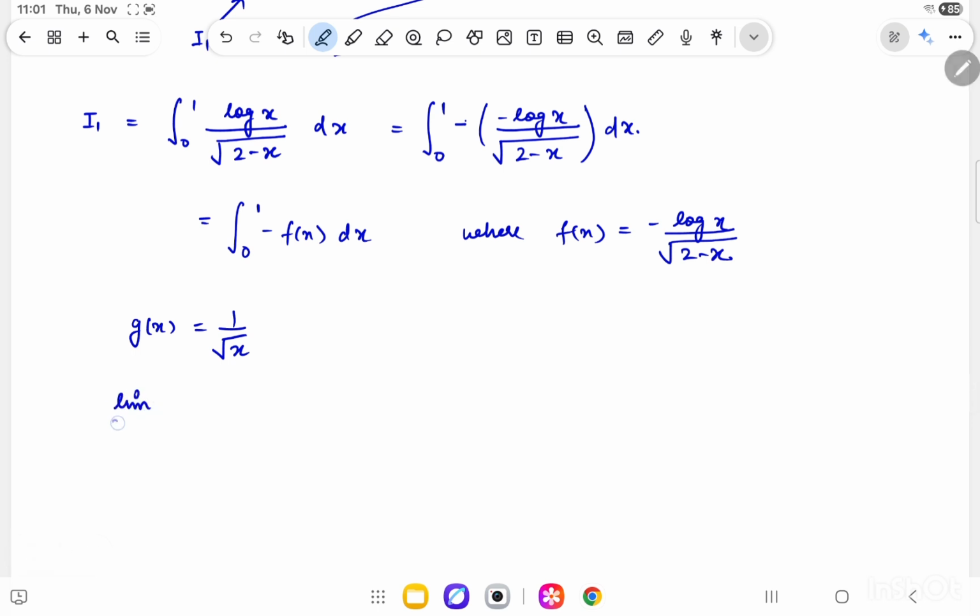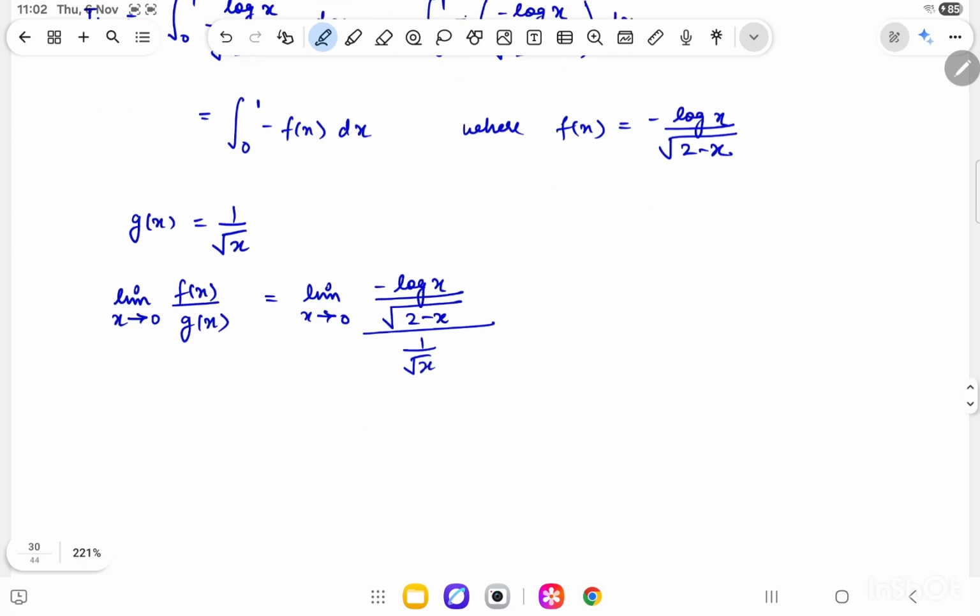If I calculate the limit as x approaches 0 of f(x) by g(x), it will be the limit as x approaches 0 of minus log x divided by square root of 2 minus x, divided by 1 by square root x. This can be written as the limit as x approaches 0 of minus log x times 1 divided by square root of 2 by x minus 1.